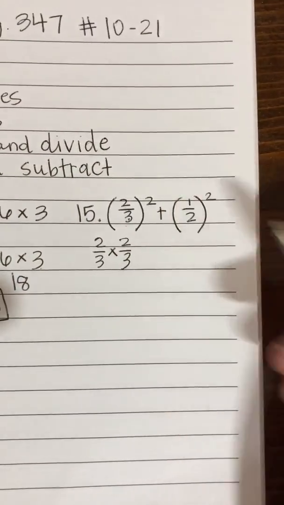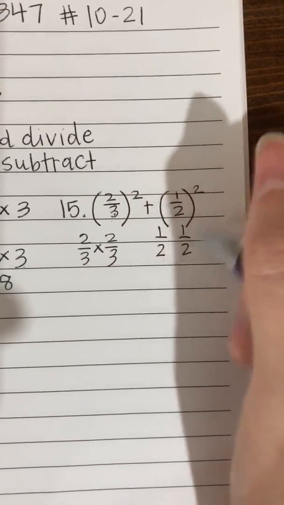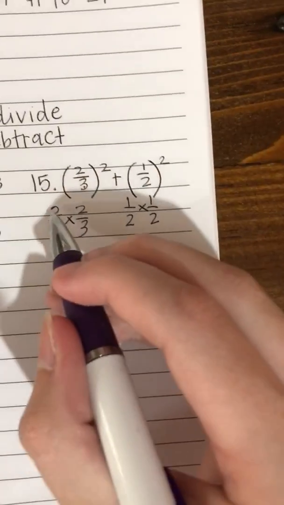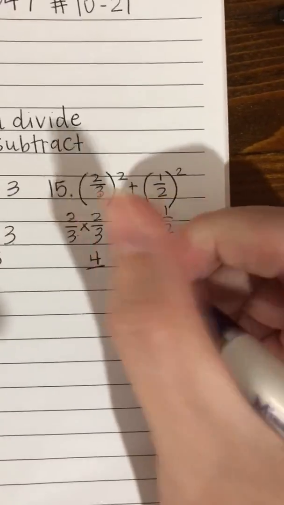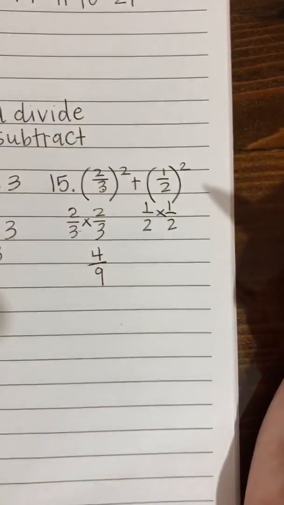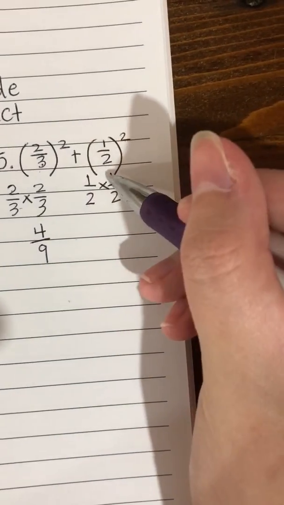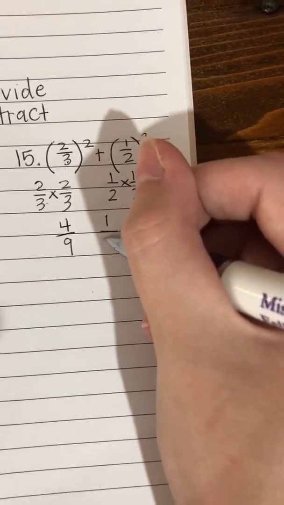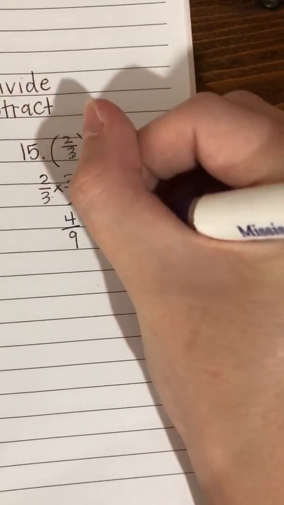And I do the same thing for this set of parentheses. 1/2, I write it 2 times, and I multiply. 2 times 2 is 4. 3 times 3 is 9. Now I'll do the same thing over here. 1 times 1 is 1. 2 times 2 is 4. And I bring down my plus sign from up here.